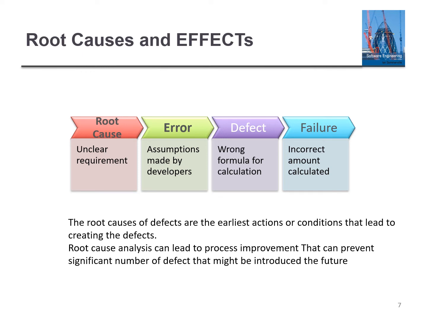For example, let's say a failure happened: an incorrect amount calculated is shown on the screen. Then when they go and check, they find that the wrong formula is being used. Why does this happen?